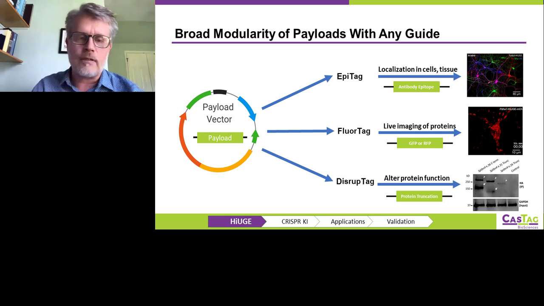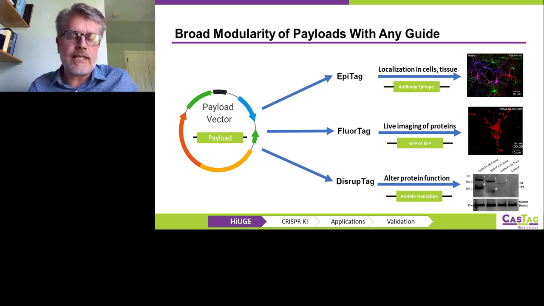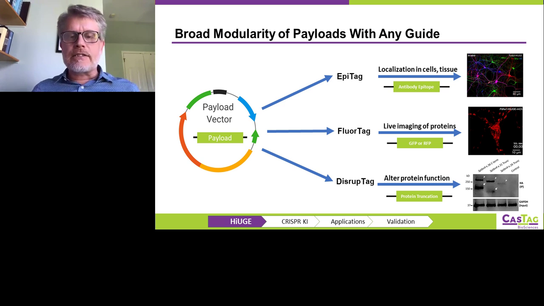So the first payload vector type is called EpiTag. This payload vector delivers into the gene of interest an antibody epitope tag. This is actually quite useful because a lot of times in biomedical research, we're faced with trying to understand the function or characterize further a protein of interest. However, there aren't really high-quality antibodies that exist for following up and localizing these proteins of interest.